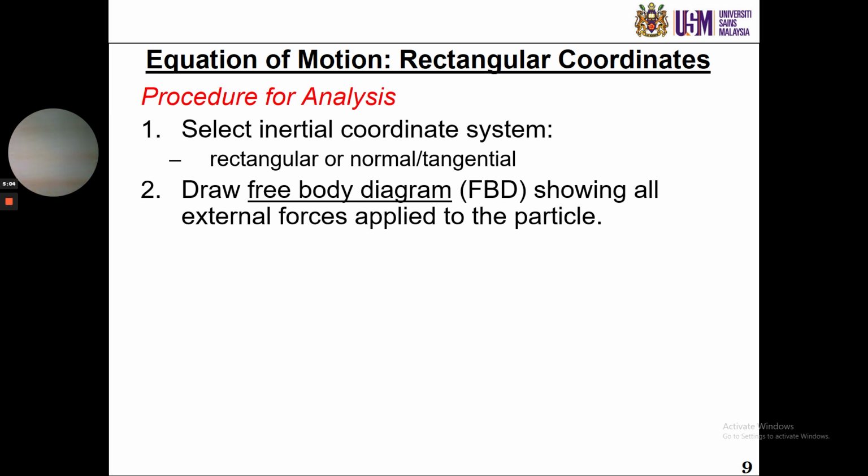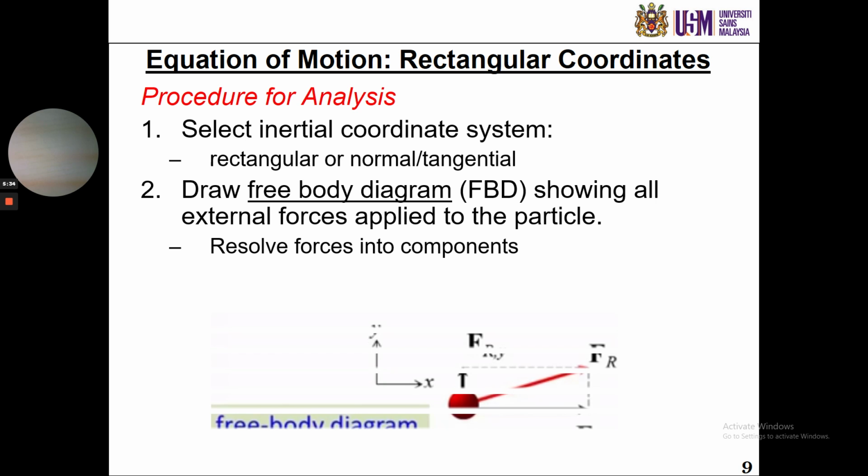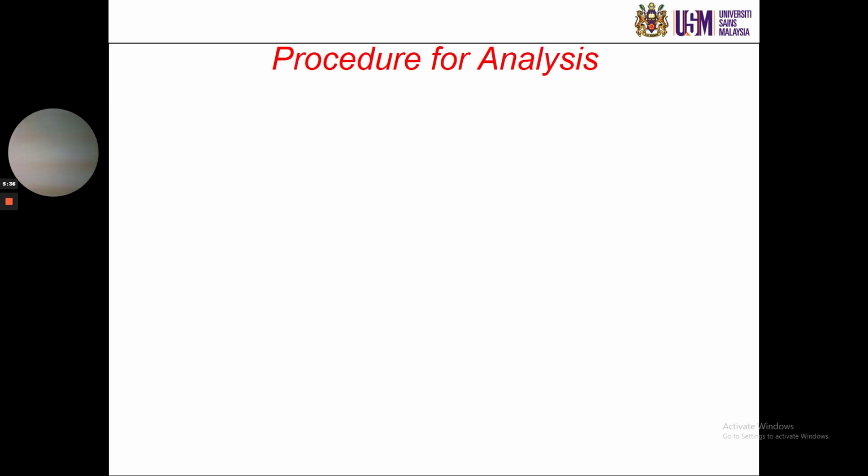You have to draw this because in your quiz and test, most of the marks depend on your free body diagram. If you have a wrong free body diagram, you will not get the correct answer. The free body diagram should show all the external, not internal, forces applied to the particle, and then you resolve those forces into components x, y, and z, or normal and tangential, like so.